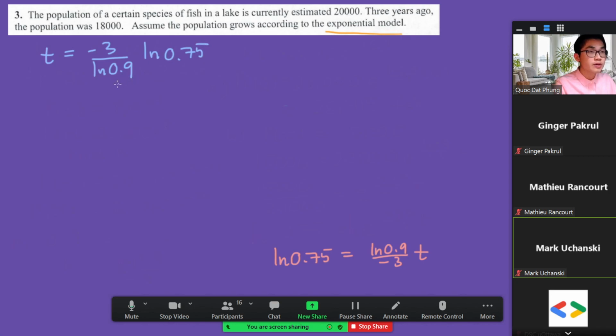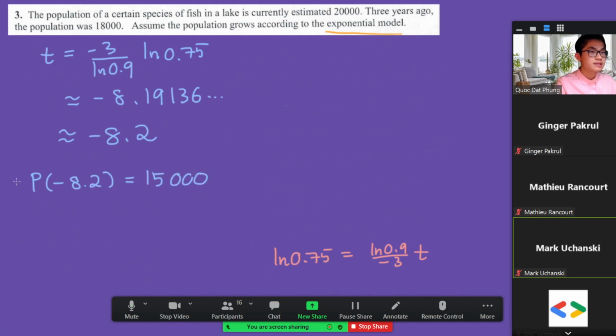And if you put that into a calculator, you get -8.19136 something. And you should round it. So you round it down, so -8.2. This means that about 8 years ago, the population was 15,000. And that's the answer for question B.